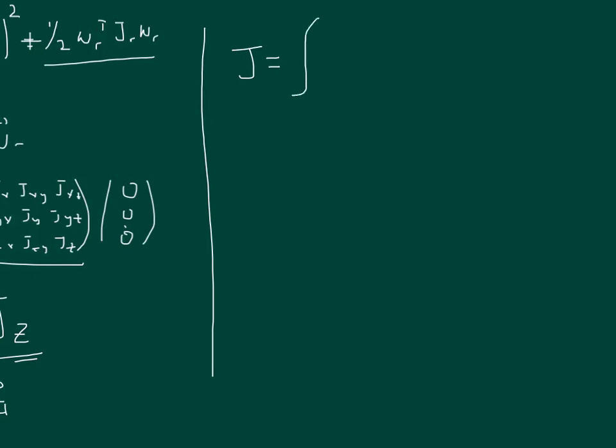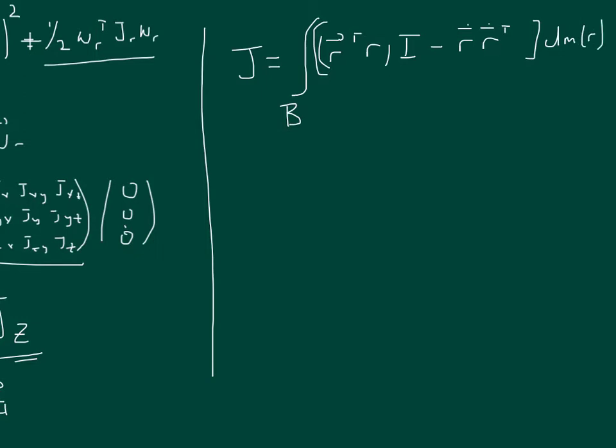We integrated over the body, and then we had r transpose r times identity minus r r transpose. These are all vectors. Times dm at the position r.